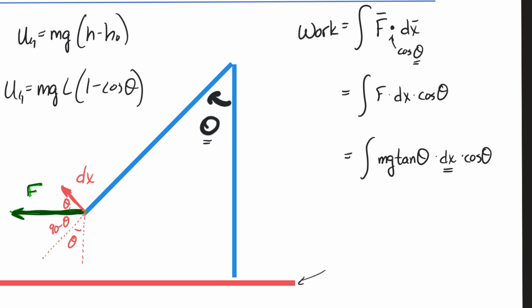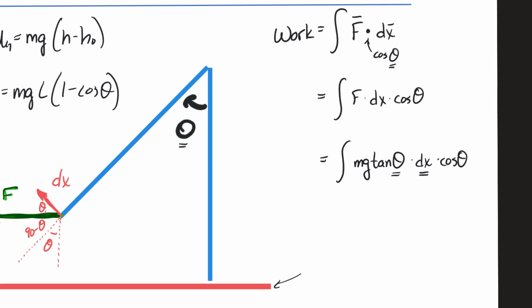So if the position changes a small amount, the angle changes a small amount. So we either have to do this whole thing in terms of the position change, which means finding out how we would express theta in terms of x. Not even sure that would work. Or we have to write the whole thing in terms of theta. We're going to write the whole thing in terms of theta, by the way, because it's the easiest way to do this.